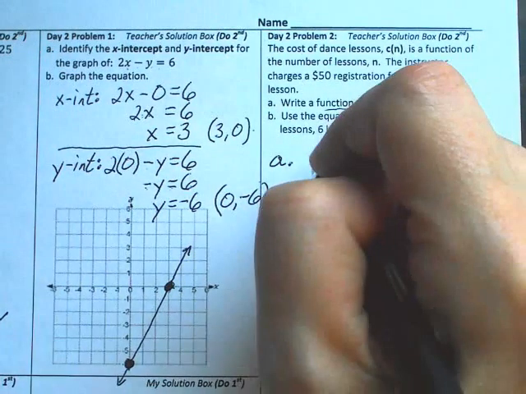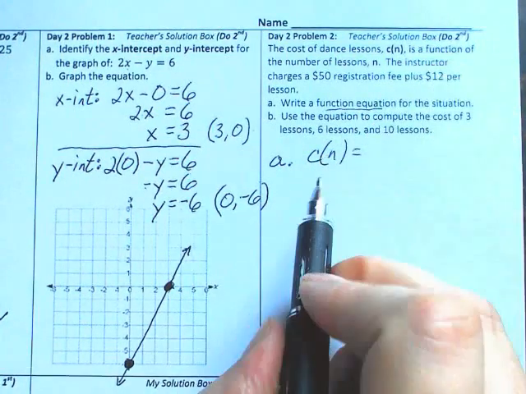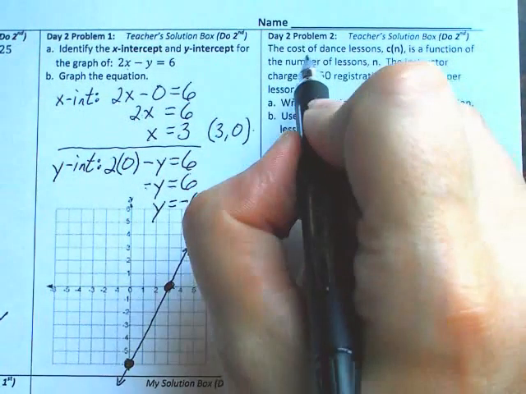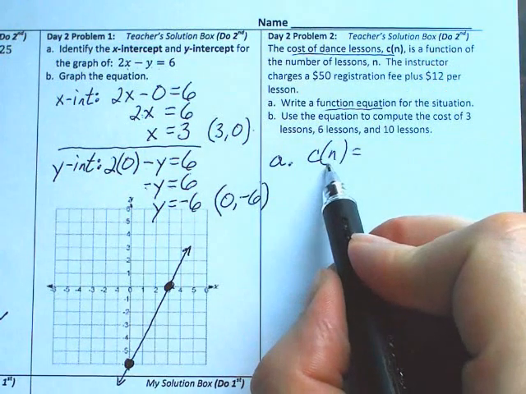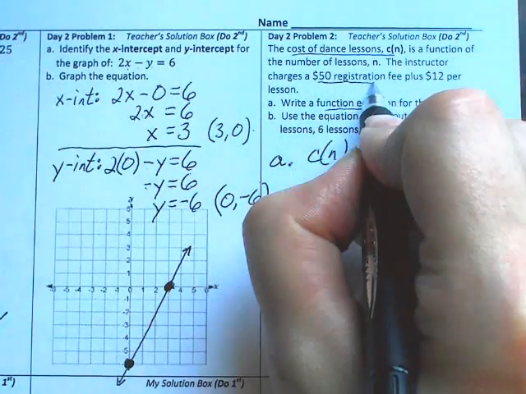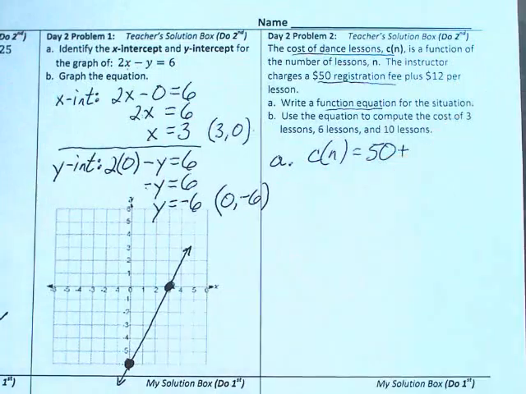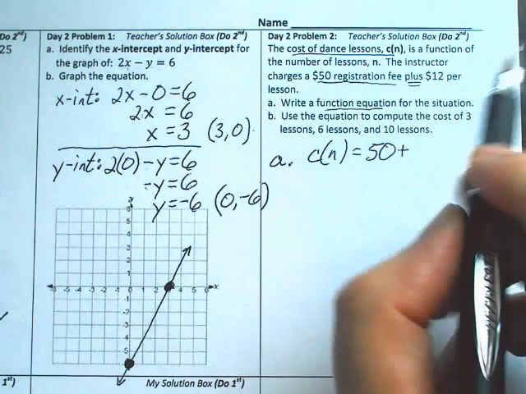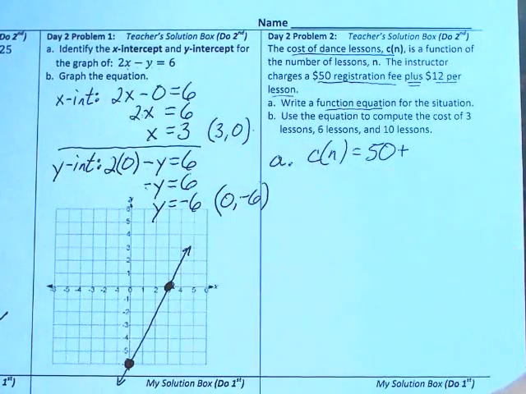That equation is going to begin like this. C of n, these symbols represent cost of dance lessons, and the cost of the lessons will be equal to, there's a $50 fee to register, so $50 plus, we also have to pay $12 per lesson.